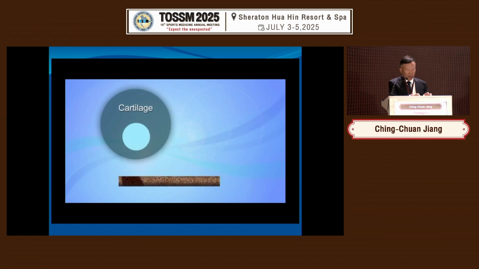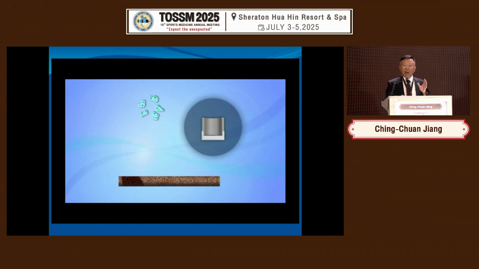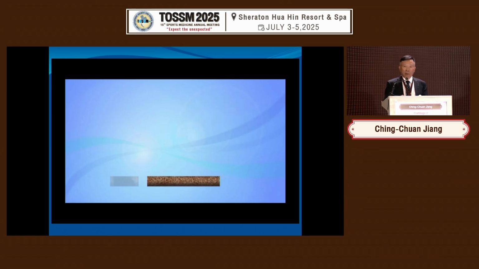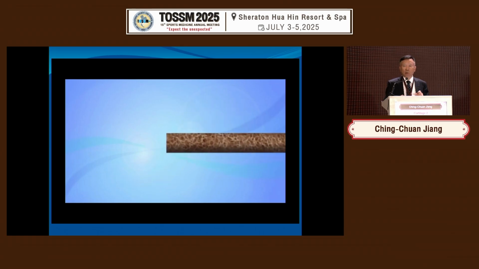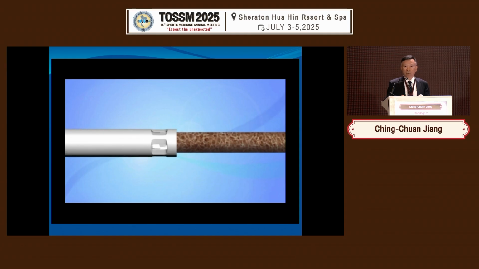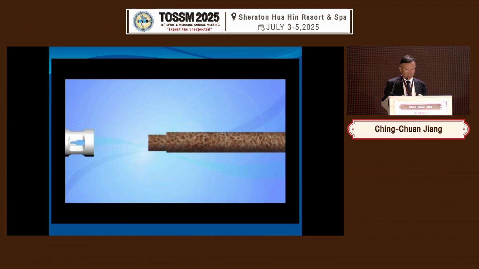So we can manage this column of bone on the operation table. For the cartilage part, we can digest the cartilage with enzyme and put it into the matrix. And for the osteonecrotic part, we just chip it away for pathological examination. So the rest of the column is healthy femoral bone.